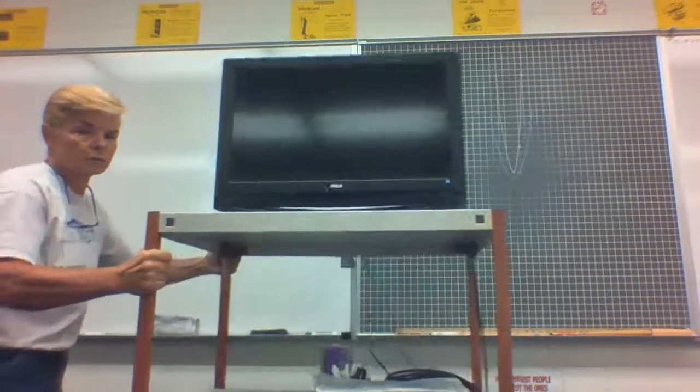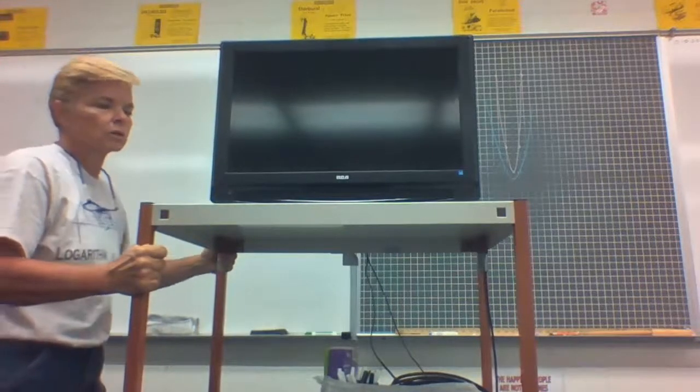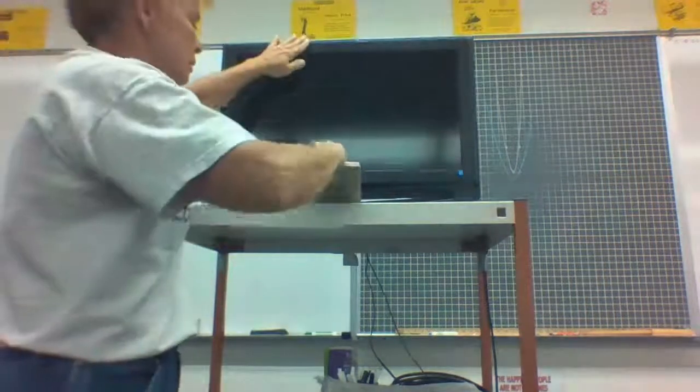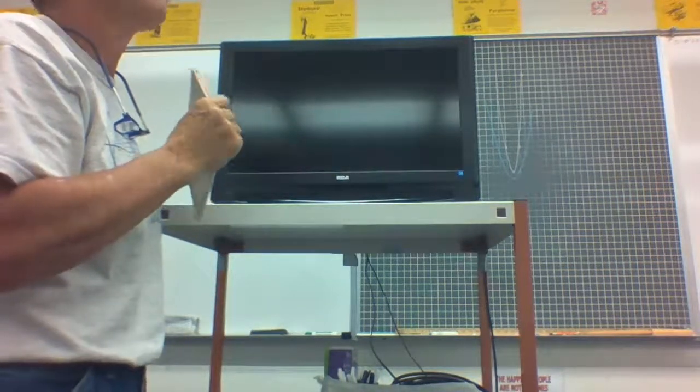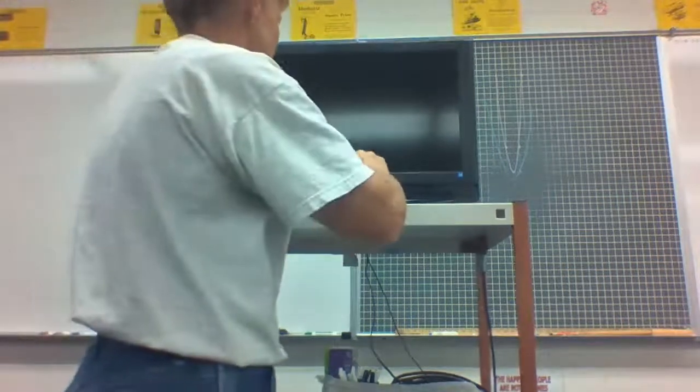Hopefully that'll be something you can get to. Oh man, that's so glary. Hang on. See if I can prop this up and get the glare off of the screen. I might be able to turn that. No, I can't turn the front one off, only the back one. Maybe. Hang on. Let me see if I can just turn off these lights.